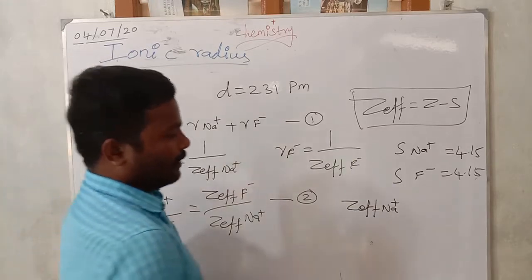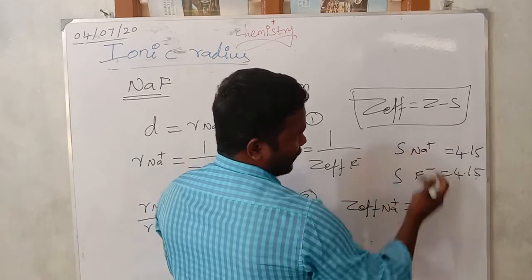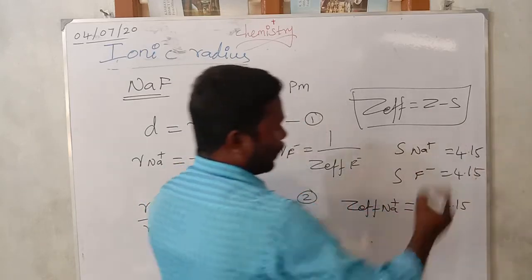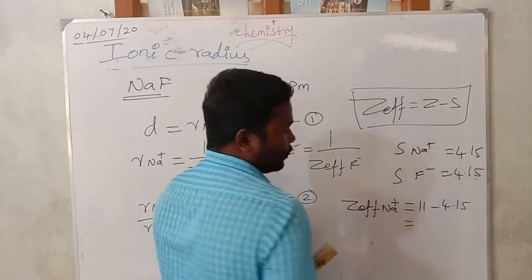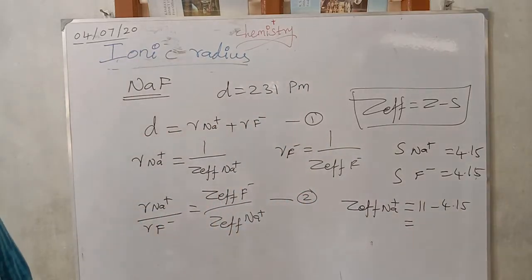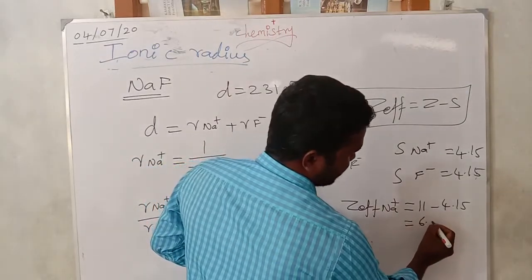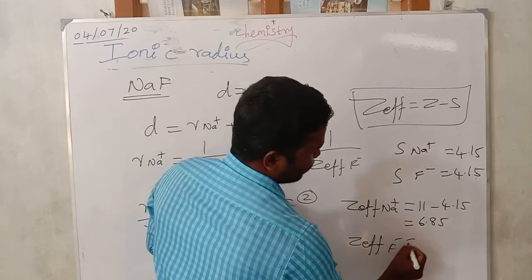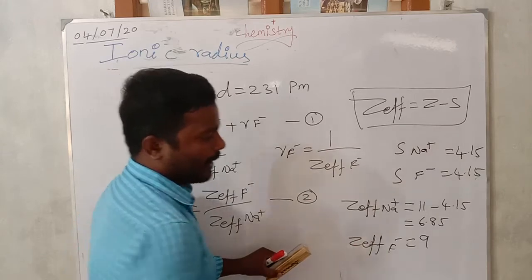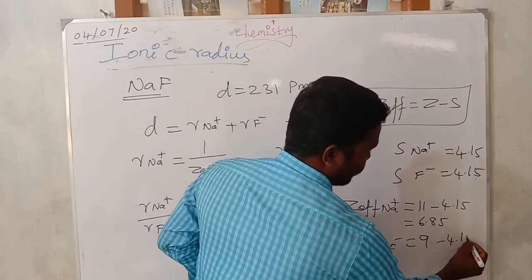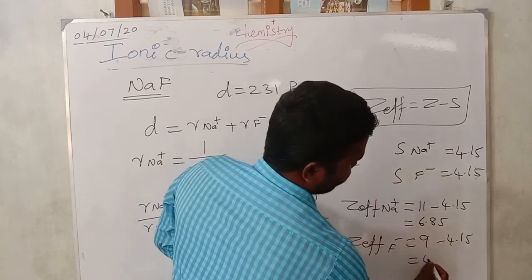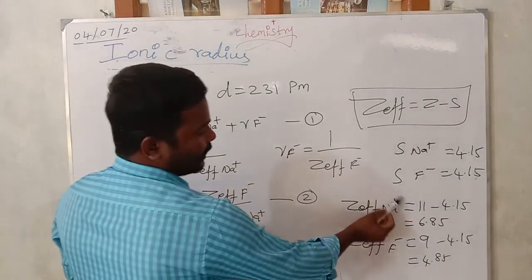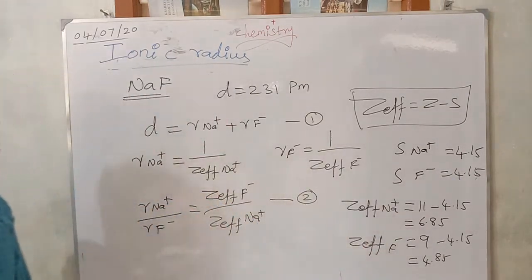The effective nuclear charge for sodium, Na plus, is equal to what? Z means the atomic number of sodium, 11, minus 4.15. So subtract the value, 11 minus 4.15, that is 6.85. The same way, the effective nuclear charge of fluorine, how do you find it? The atomic number of fluorine is 9, minus 4.15, so you will get 4.85. Now you have the effective nuclear charge of Na plus and of F minus.